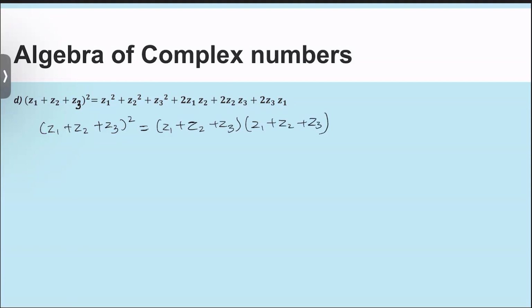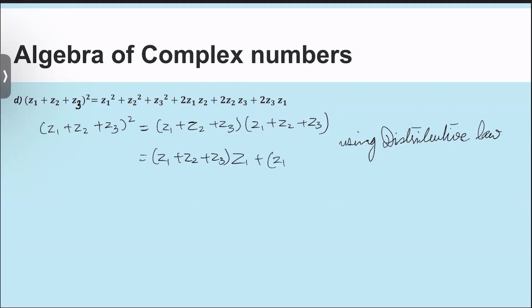Okay, so now again by using the distributive law that we had seen for multiplication of complex numbers, you have (Z1 plus Z2 plus Z3) multiplied by Z1, and then plus (Z1 plus Z2 plus Z3) multiplied by the second term, and plus (Z1 plus Z2 plus Z3) multiplied by Z3.